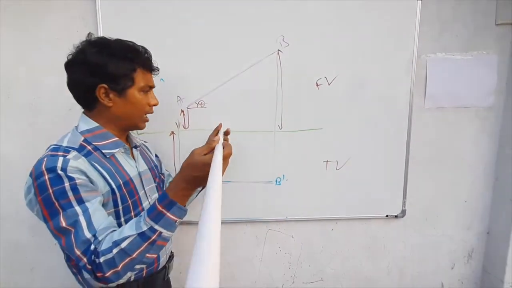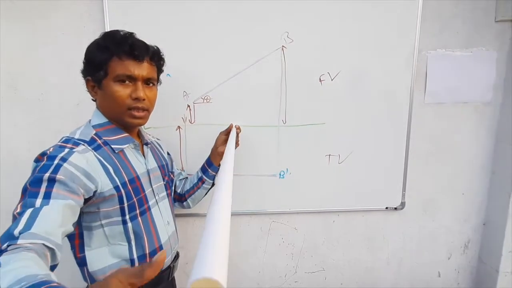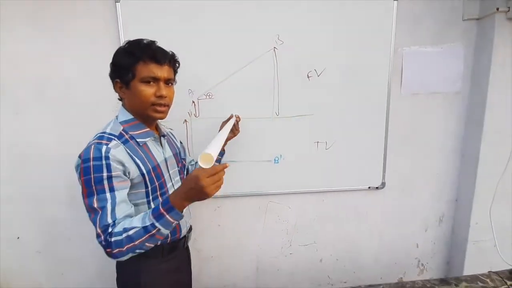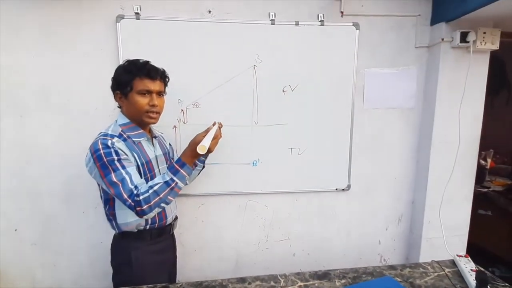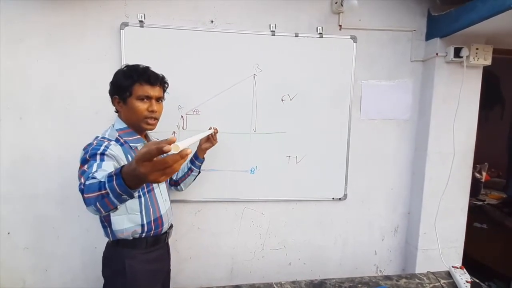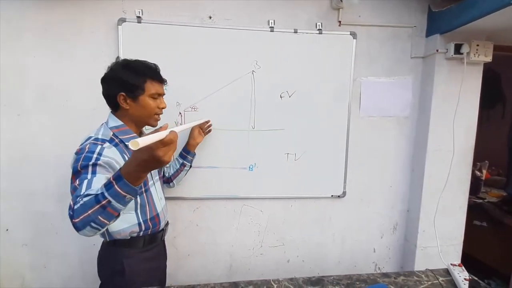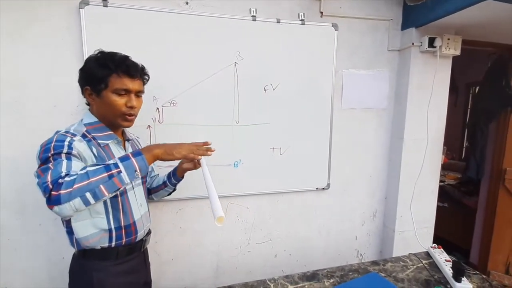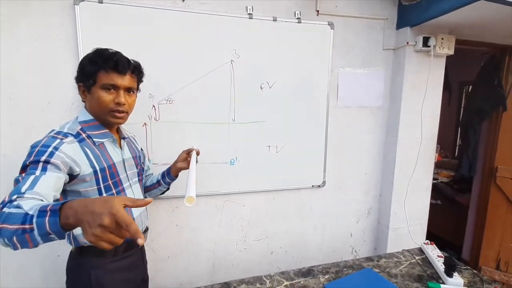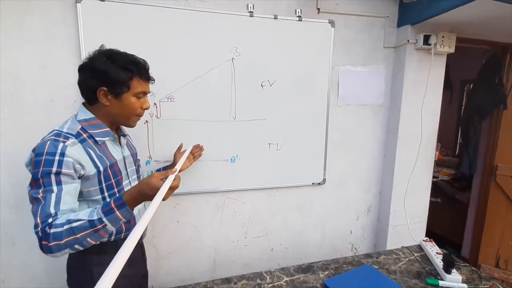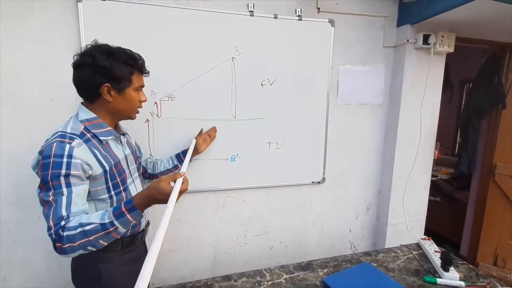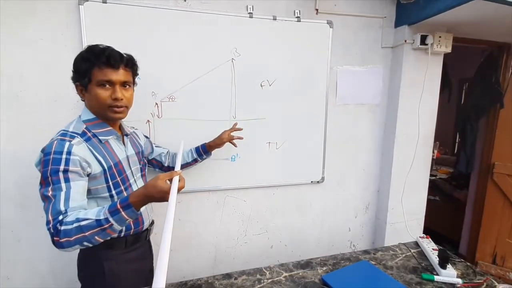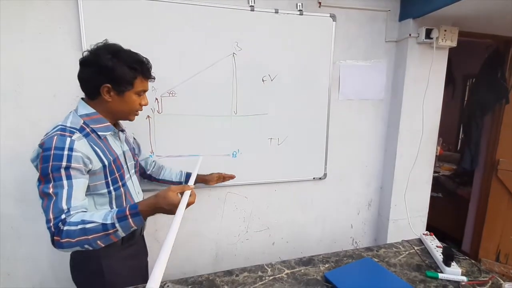When the line is like this, then from the front view, you can notice that we are getting a point, whereas in the top view we are getting a line, the line which is perpendicular to the reference line. Now this is the reference line.